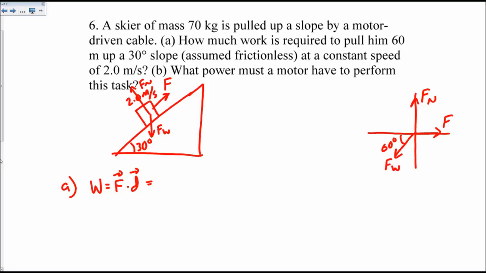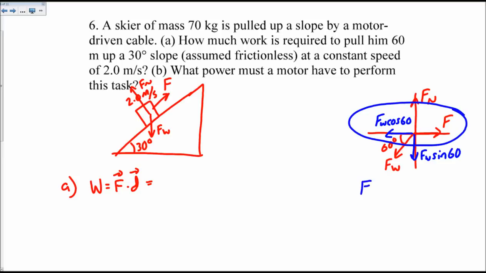I can resolve that weight into two components. This is Fw cosine of 60, and this is Fw sine of 60. So, by looking at my x here, I can say that F is equal to Fw cosine 60. So I can put that in here. That's my force.